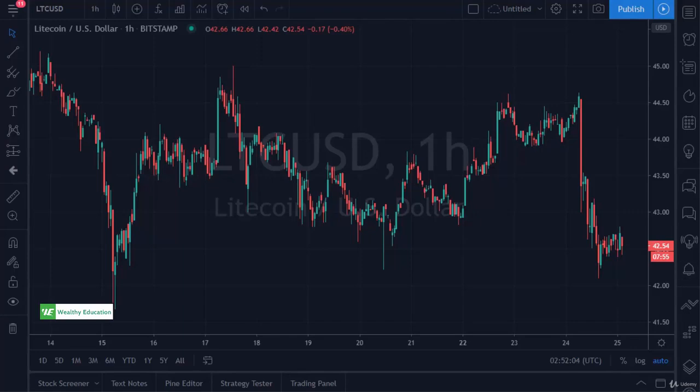In this video, we're going to take a look at something called double tops and double bottoms. They are exactly like you would think they would be. A double top is just simply where the market has rallied twice to roughly the same point.